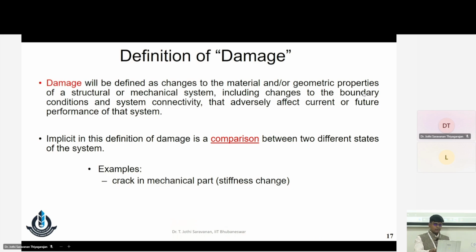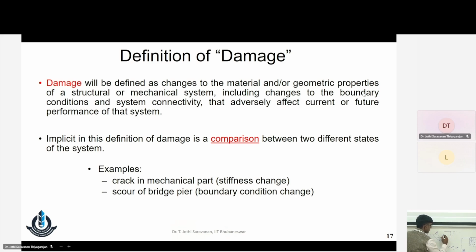If there is some scour on a bridge pier, what do you mean by scour? Any idea? Yes, you're right. Suppose this is my bridge pier, where my water level is somewhere here, so this part is going to get eroded.